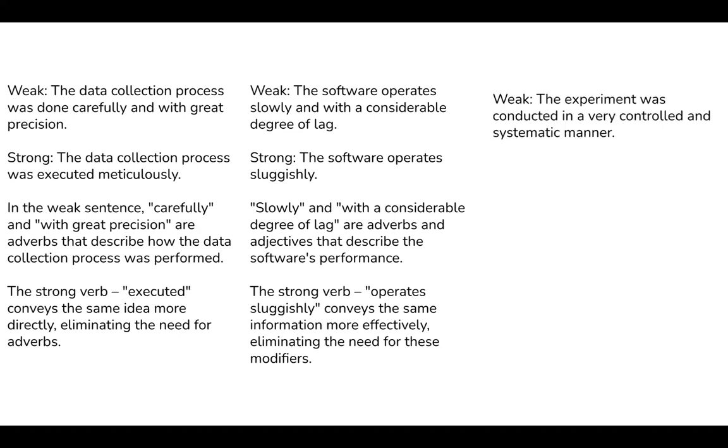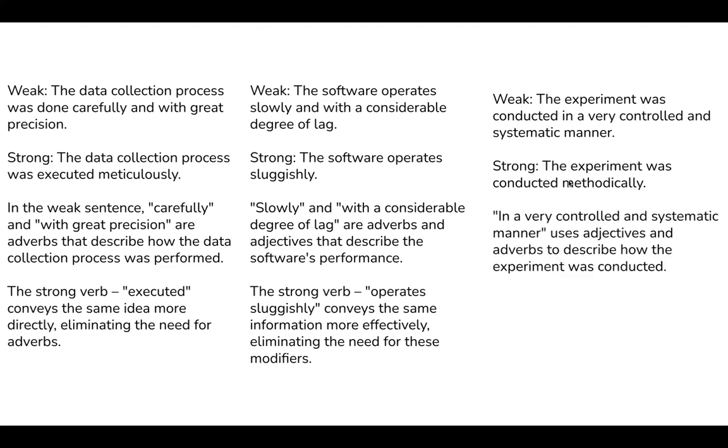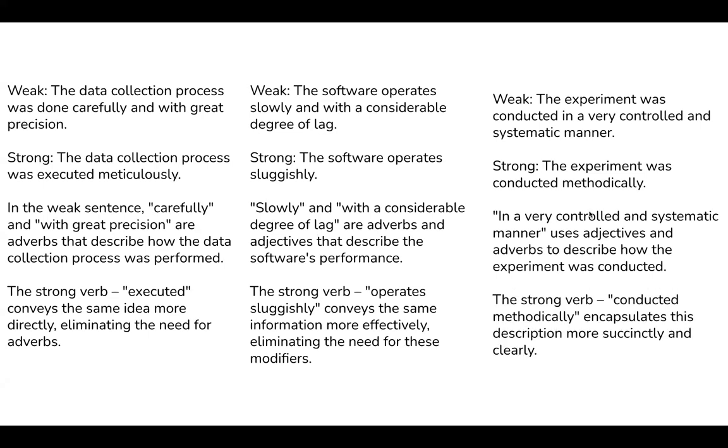So another one is the experiment was conducted in a very controlled and systematic manner, while the strong one will be the experiment was conducted methodically. So in the first sentence, in a very controlled and systematic manner uses adjectives and adverbs to describe how the experiment was conducted, while in the strong verb sentence, conducted methodically encapsulates this description more succinctly and clearly.